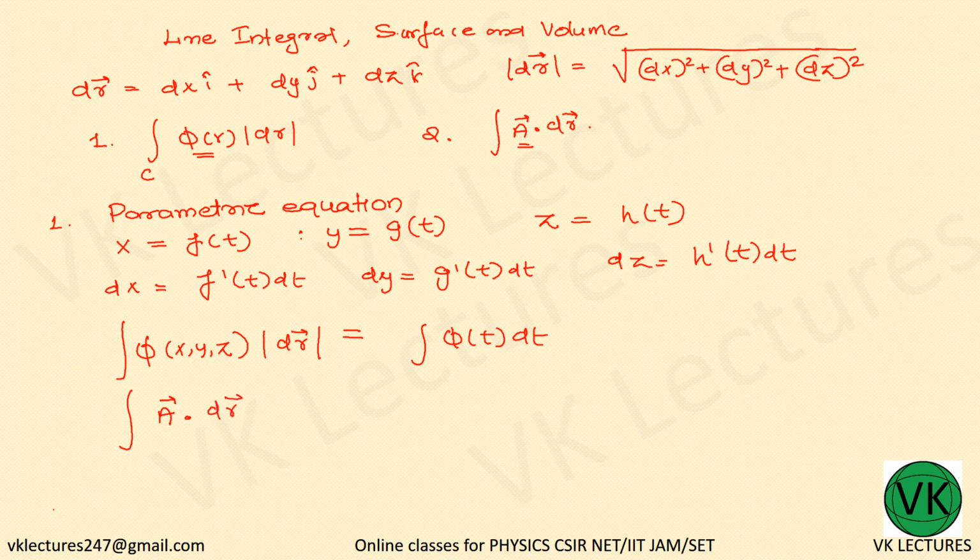This is the first one that we have seen, and this is the second one, in the case of a vector a dot dr. That also you can write as integral phi of t dt.